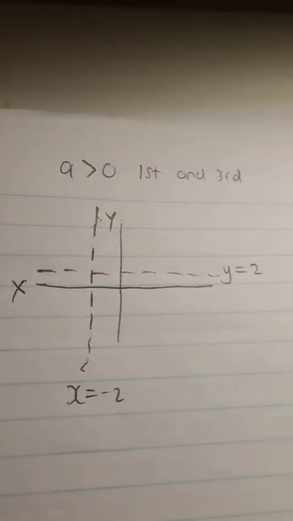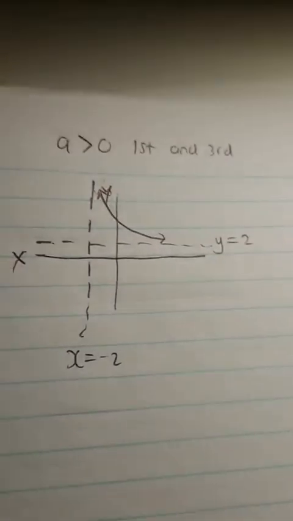So if a is greater than 0, we are saying that the function can be found in the first and the third quadrant. So then that means if I sketch my function, guys, you can expect to find the function sketched there.